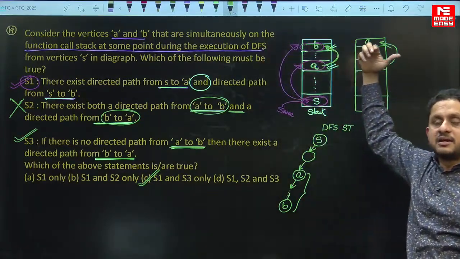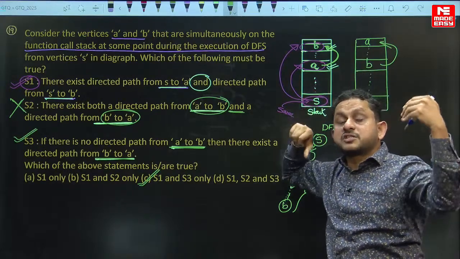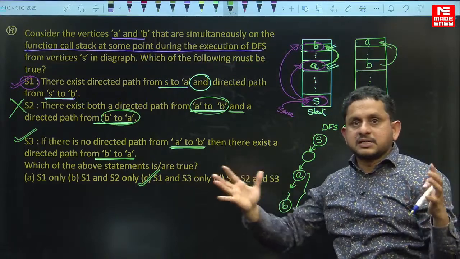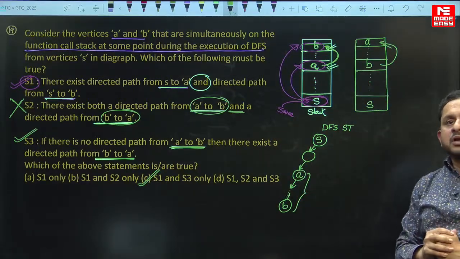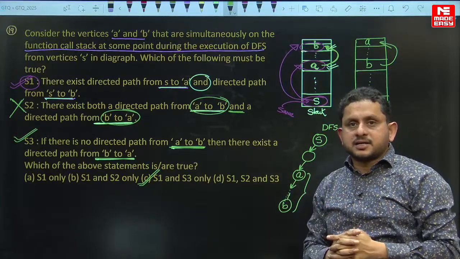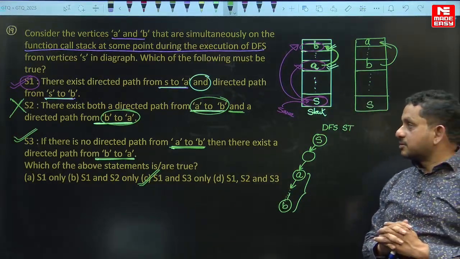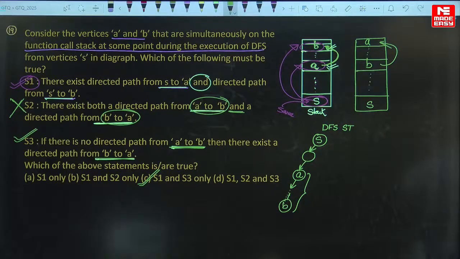Traversing the given graph gives the path from A to B, and traversing the transpose graph checks the path from B to A. That's what we call a strongly connected component. The same logic is applicable here. Hope this is clear. S1 and S3 are correct, right?